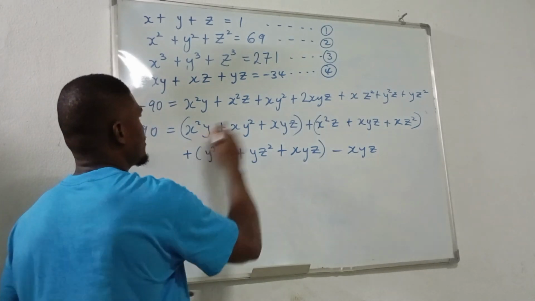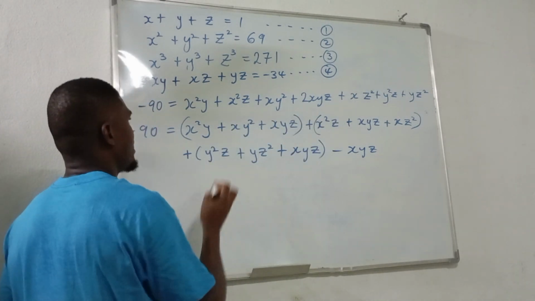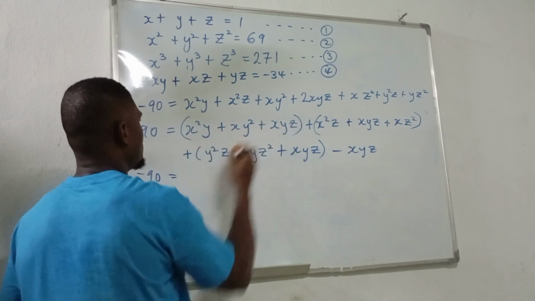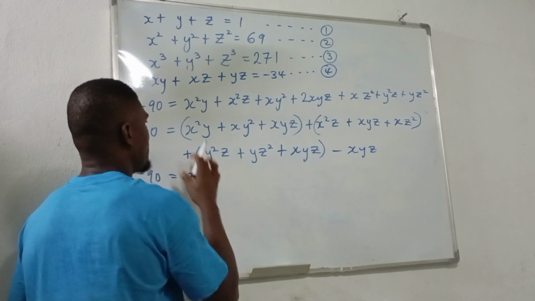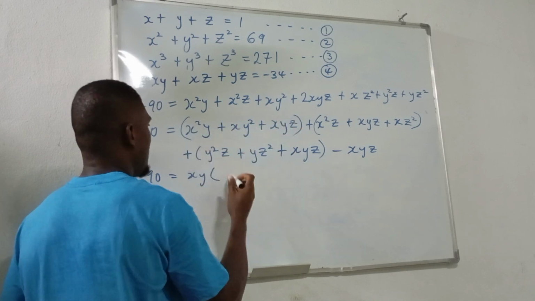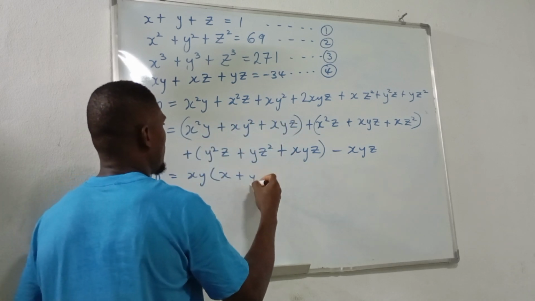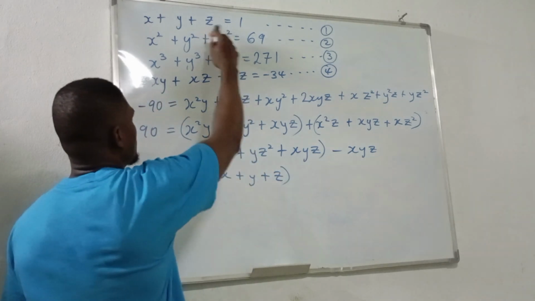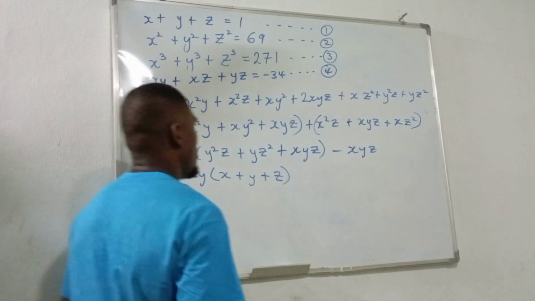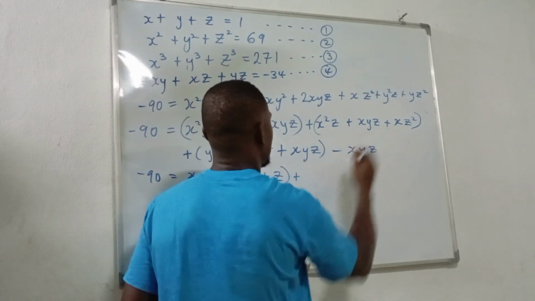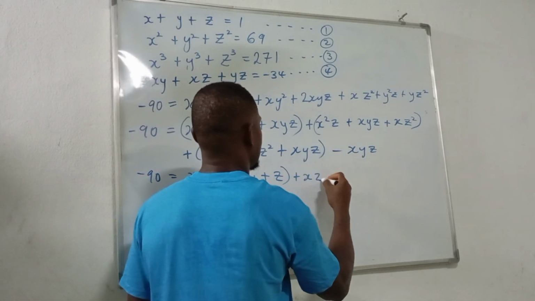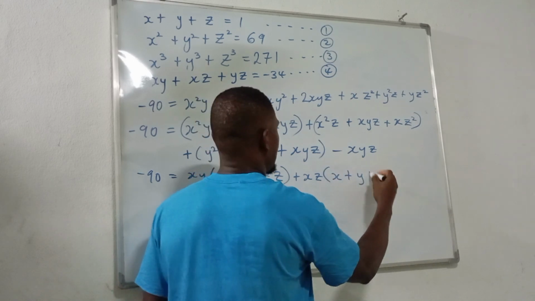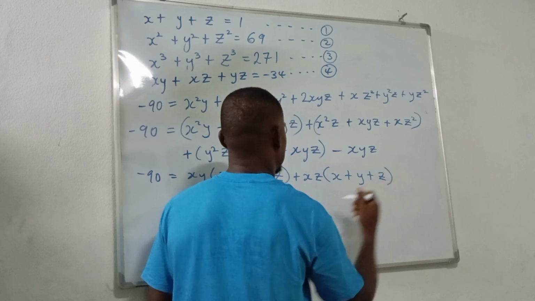Okay, so now that we've gotten this, we can now factorize the common term here. So here we have minus 90 equal to the common term here is x and y. And if you pull it out of this equation, you're going to have x plus y plus z. That reminds us of equation 1. Alright, so plus, here we're going to factor out x and z, and we're left with x plus y plus z.